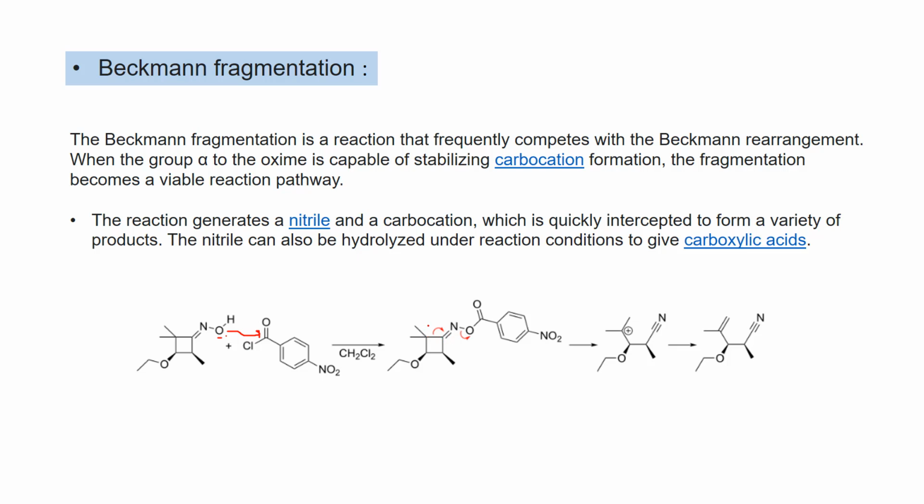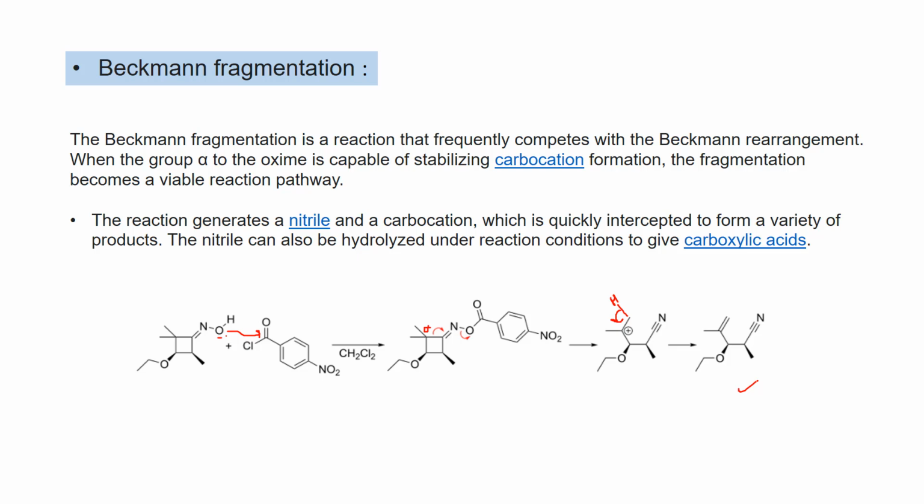So this is alpha. If this carbocation is stable, instead of getting shifted from carbon to nitrogen, this bond just breaks and forms a carbocation center here. This is a tertiary carbocation which is stable, and then after elimination of this H, we will get this compound.